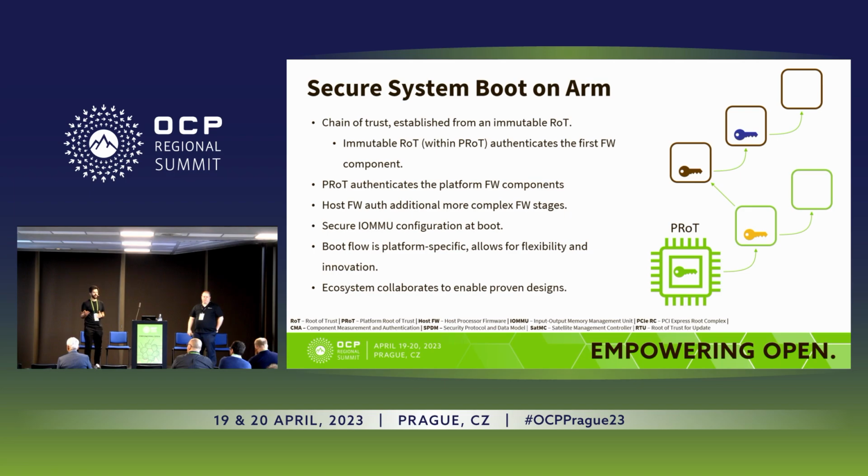And then the SCP is going to load and authenticate a more complex piece of firmware, and so on. Eventually, the firmware in the host is loaded and authenticated, the host is released, and the chain follows from there. And so you get the gist. There's a big chain of trust, but all of your security guarantees are anchored in the platform root of trust.